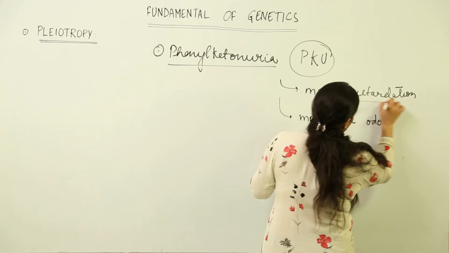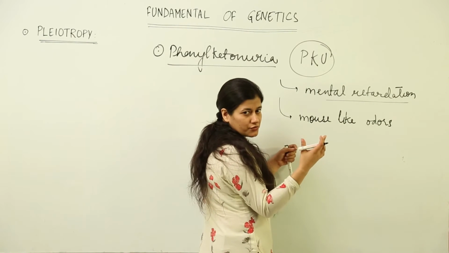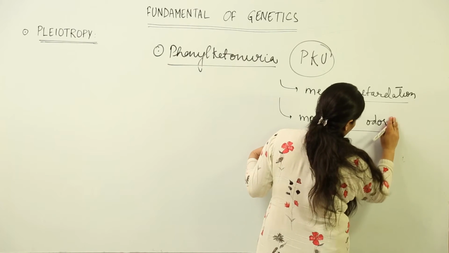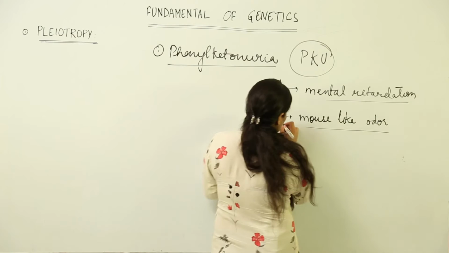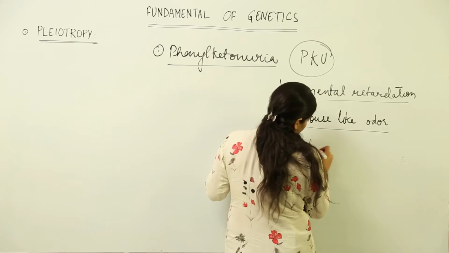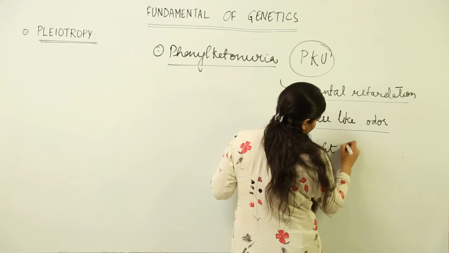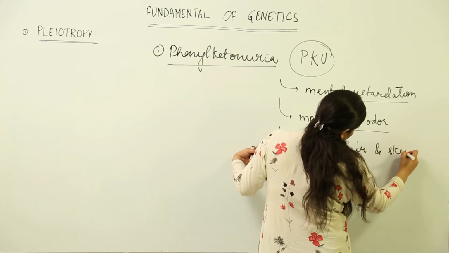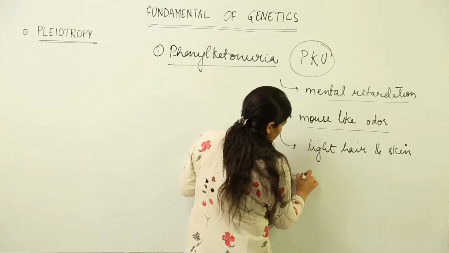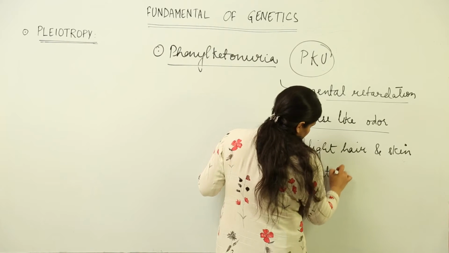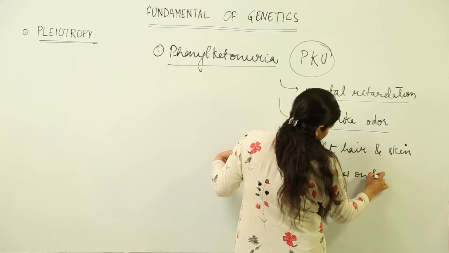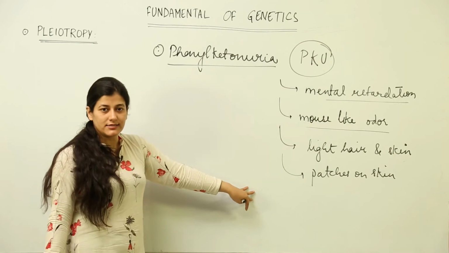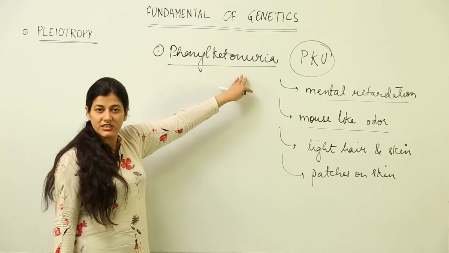So we have mental retardation, as a result of which we find seizures, bipolar disorders, and we have mouse-like odor coming from the body. Also there is a condition where we have light hair and skin. There could be patches on skin. Now all these could be considered as symptoms of this particular disease.